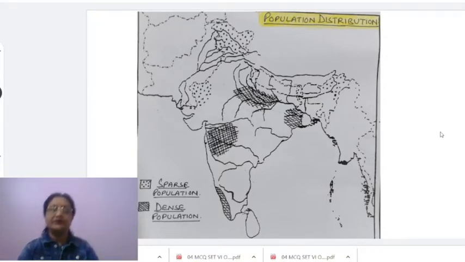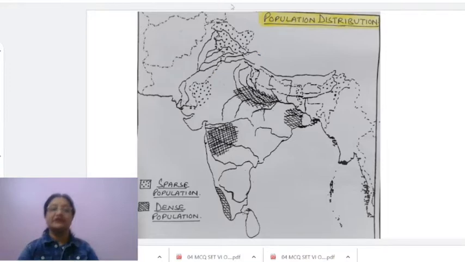In the western part of India, which portion has got sparse population? For that, you should check this portion, the western part of India. I hope you all are able to notice this, right? So this you have to mark as a sparsely populated area in western India.